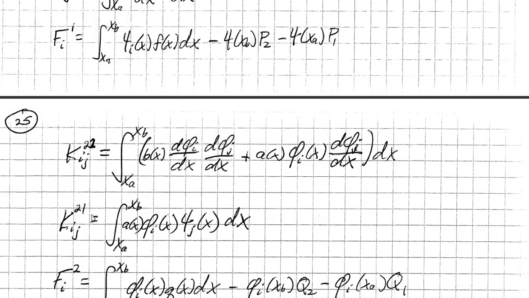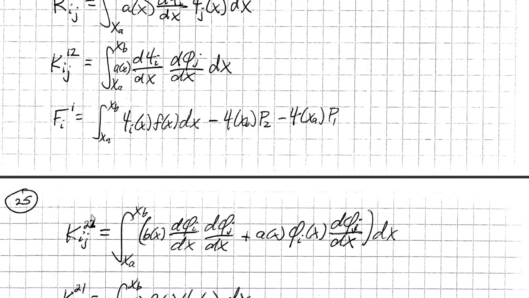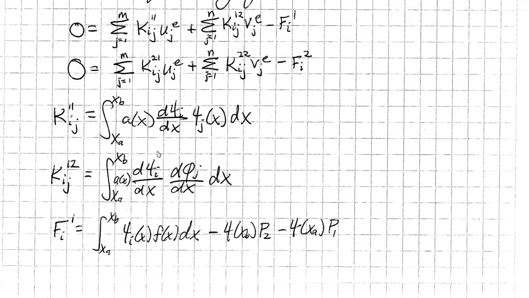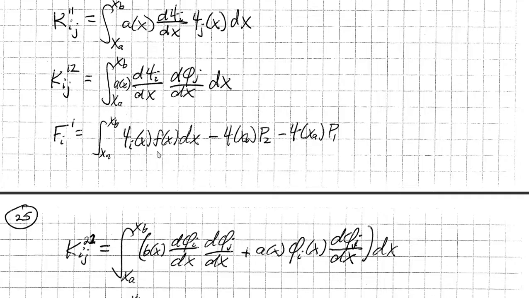If I come back up here, you'll notice we're consistent with our indices. So I have psi i, psi j, psi i, I guess we call this phi j. So these are our off-diagonal terms here, and something similar over here.